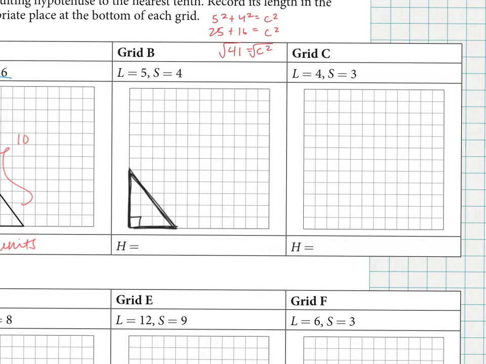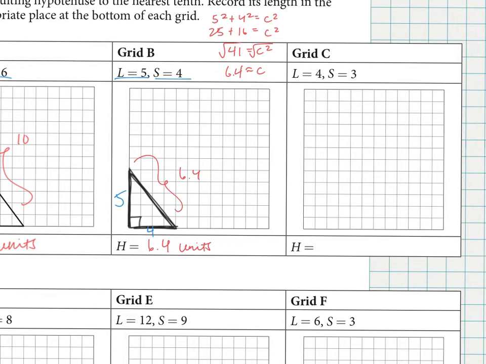Putting that in our calculator, we get an estimate of our c value. It's going to be around 6.4. So that's what we're going to fill in, 6.4 units. We know that's what that length is, 6.4, whereas our different side lengths as given here are 5 units and 4 units.